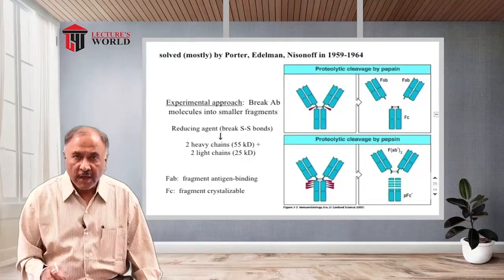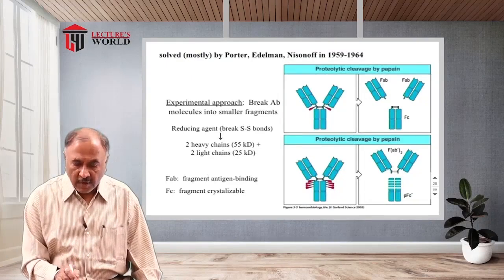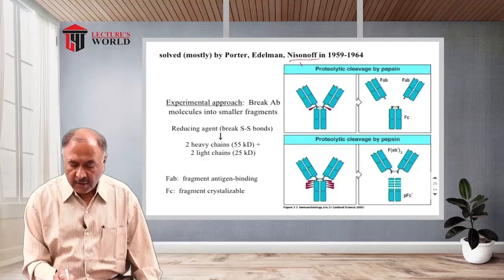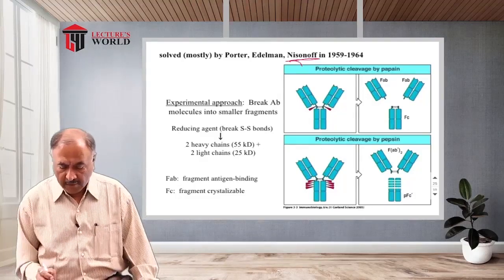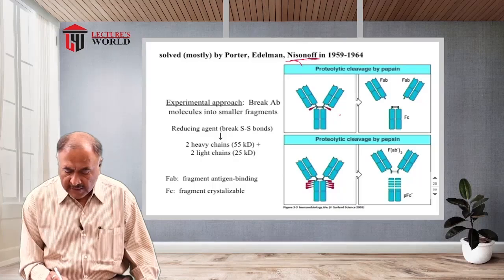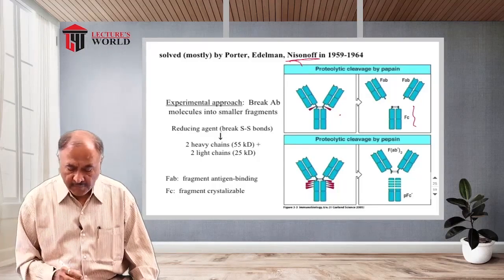This is shown in the diagram, the puzzle solved by Porter, Edelman, and even another scientist, Nisonov. This is the cleavage by papain. As you can see in red color, papain is acting here. So what you have got are fragment antibody, two fragments, and this is fragment crystallizable.